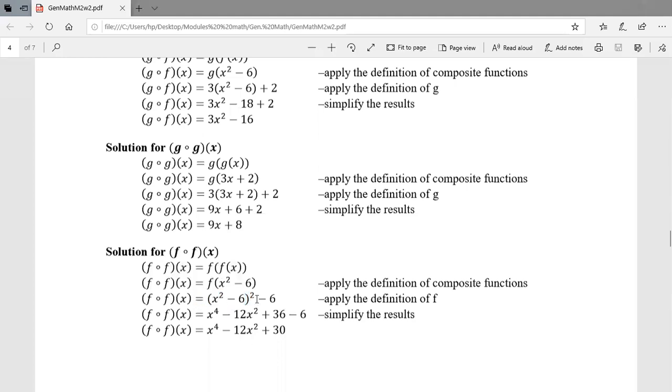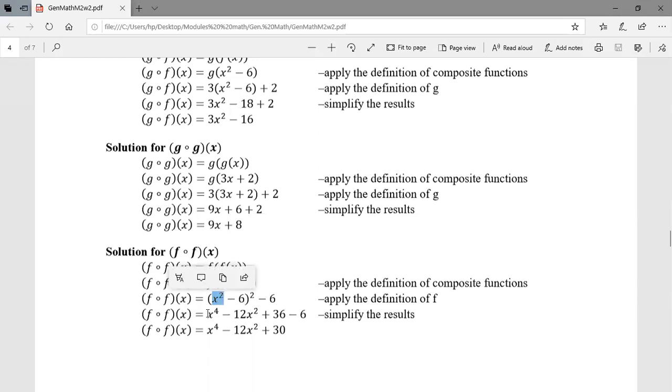So, using the rule for the binomial, square the first term, plus twice the product of the first and second term, and the square of the last term. Okay. Square of the first term, which is x squared.